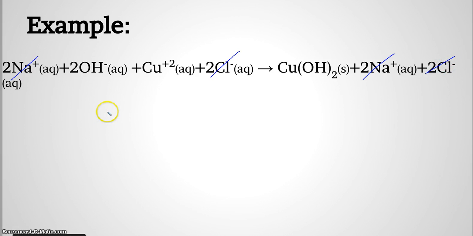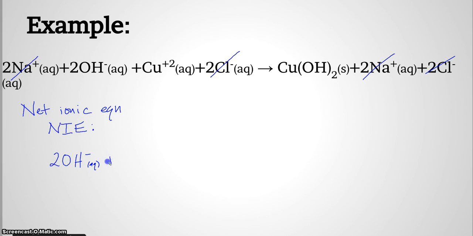So to write a net ionic equation, we take them out and we write our net ionic equation, which we could abbreviate NIE, is going to be 2OH minus aqueous plus Cu2+ aqueous yields Cu(OH)2, and that's going to be our solid precipitate.